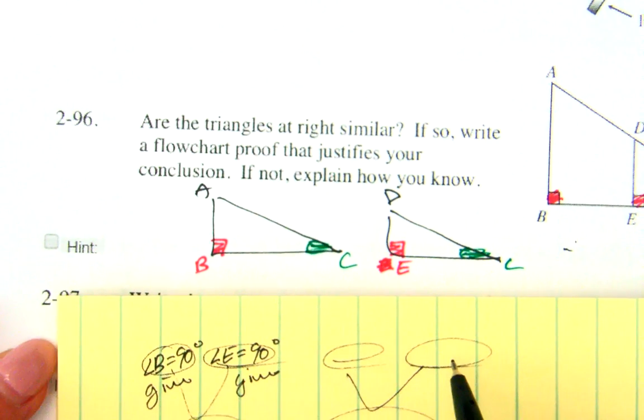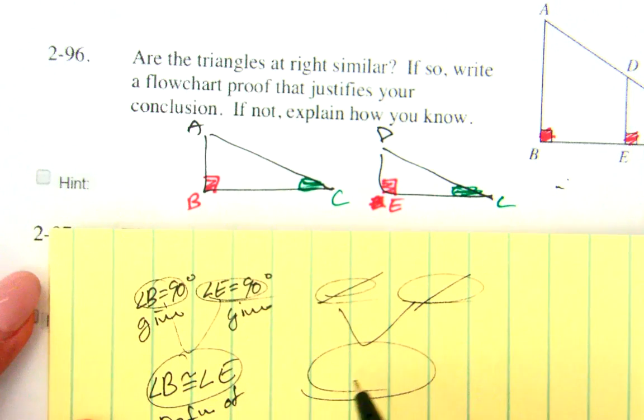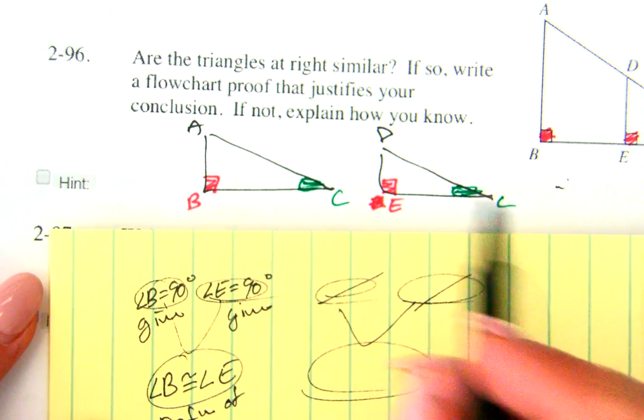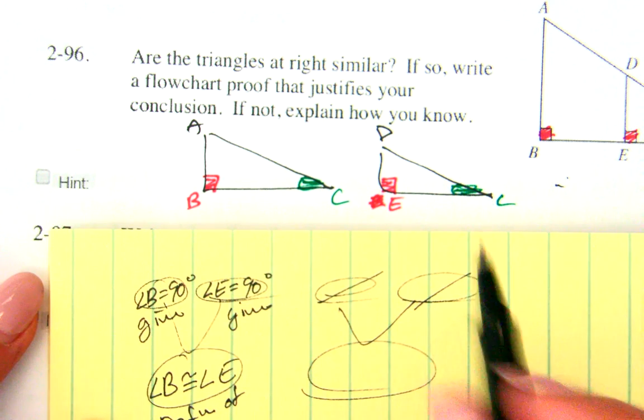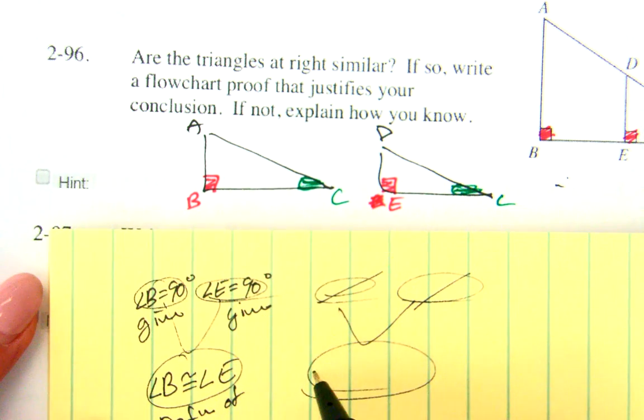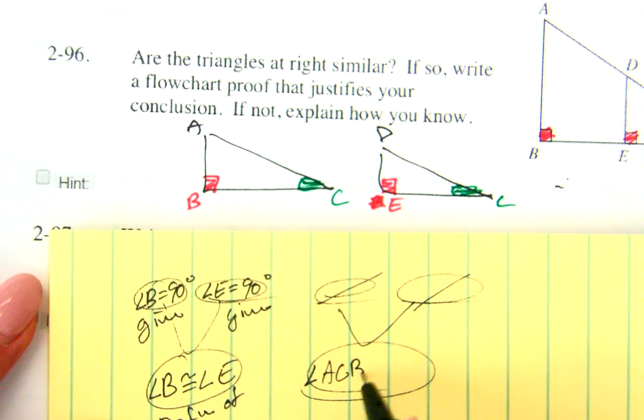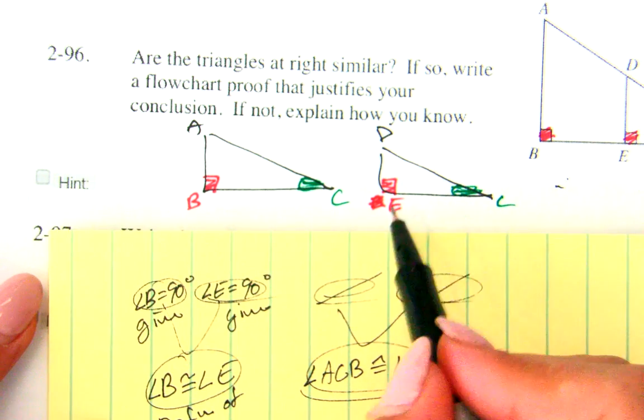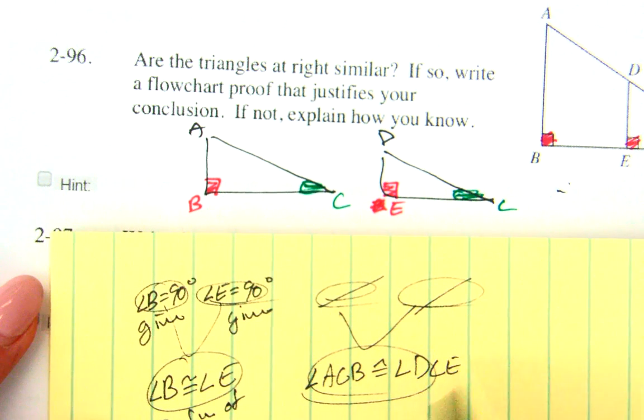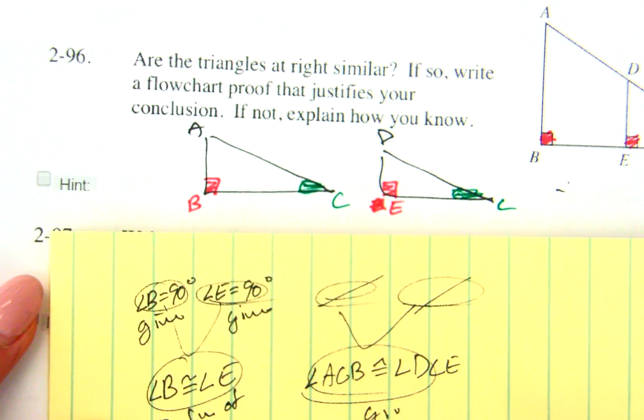We don't have anything for angle C. There's no numbers there. So this is going to suck, but you can't just say angle C is congruent to angle C. So angle ACB is congruent to angle DCE. And this was given. No, it wasn't given.